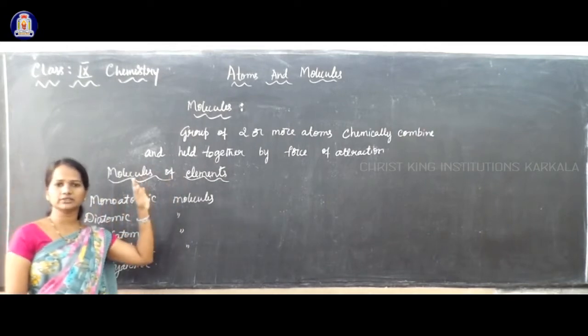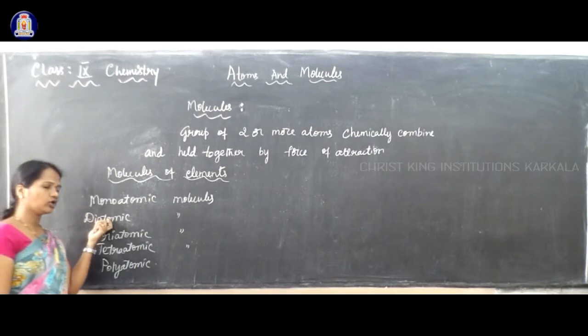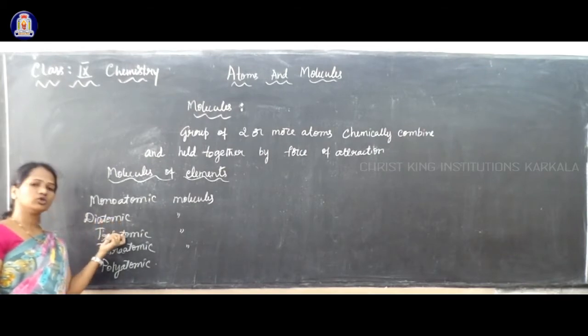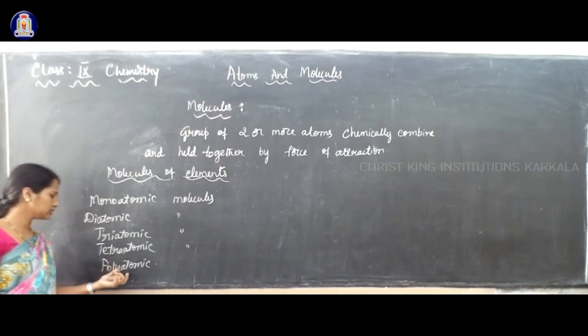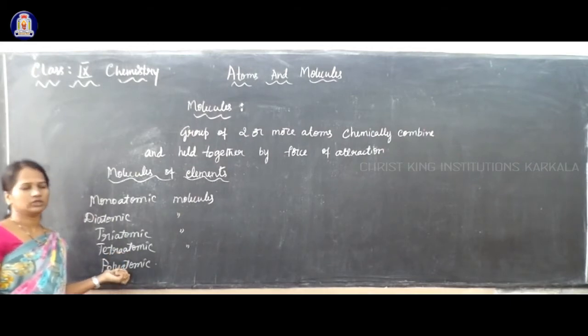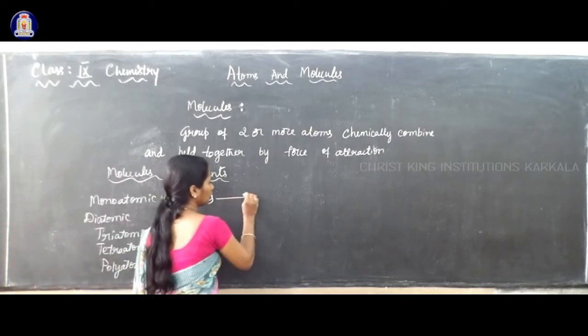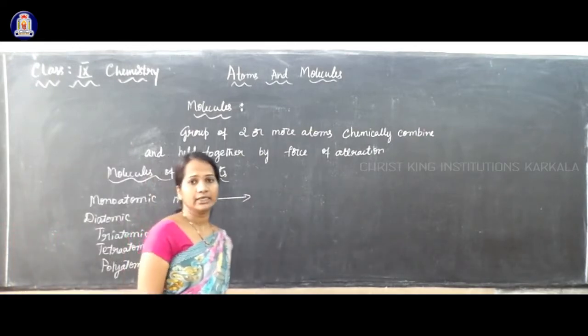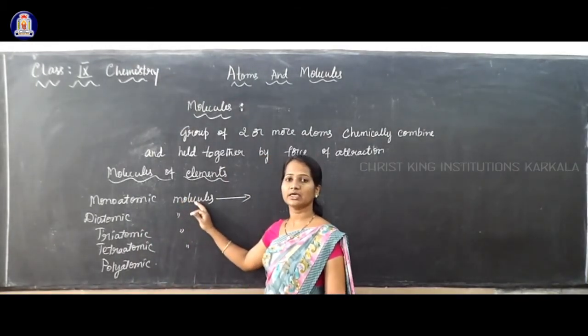Molecules of elements. There are monoatomic molecules, diatomic molecules, triatomic molecules, tetraatomic molecules, and polyatomic molecules. So what are monoatomic molecules? Monoatomic molecules in the sense, in these elements only same type of atoms are present.